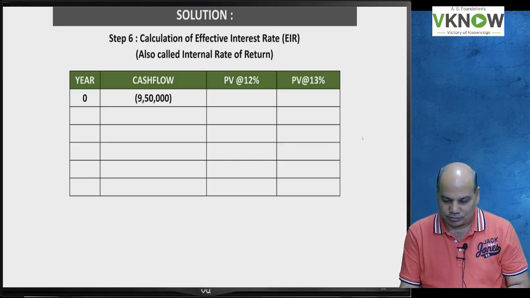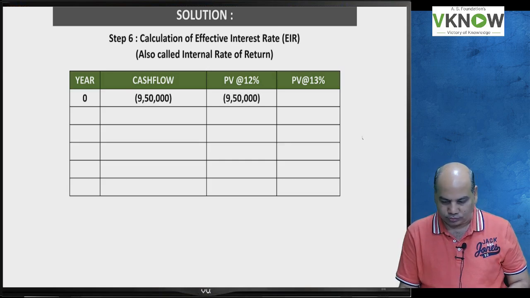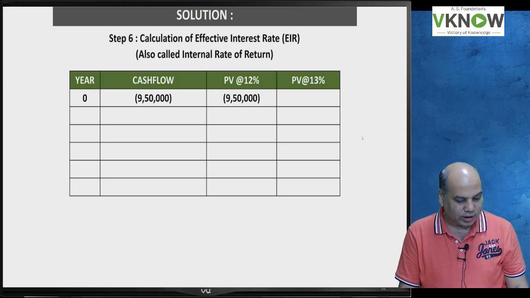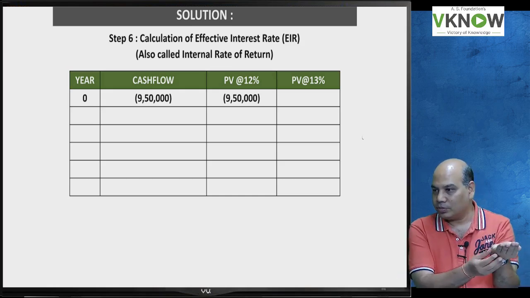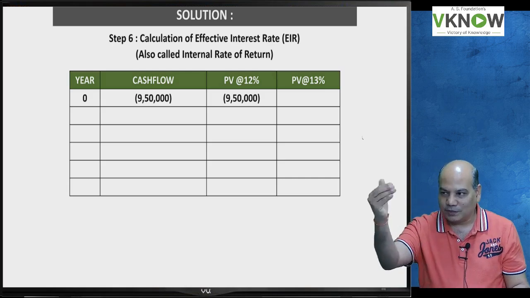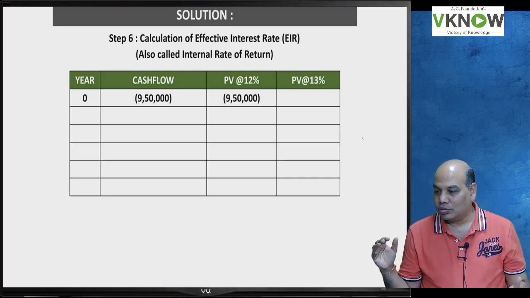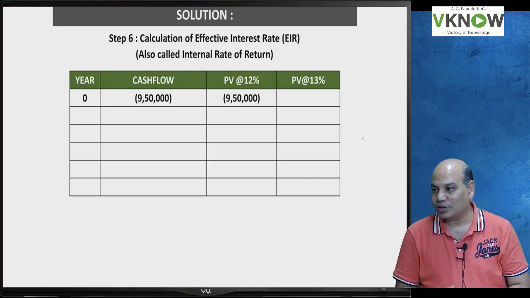Right. Year 0. First we'll make a list of cash flow. Then the student will ask me, sir, why did you take 12%? Why not 6%? Already their coupon payment is 9%. Am I right? You are redeeming at a 5% premium. You are issuing at, you are not issuing, but you can say there are 50,000 transaction cost. On one hand you are receiving 50,000 less, you are paying 50,000 more. 1 lakh rupees extra you are paying over 3 years.